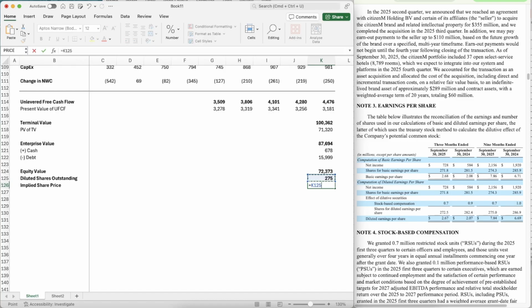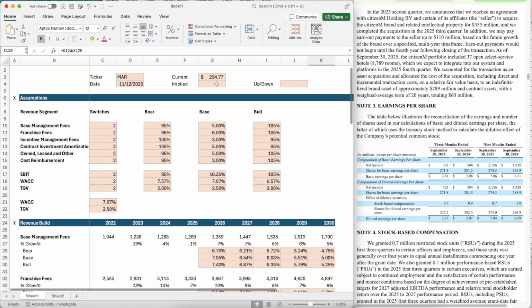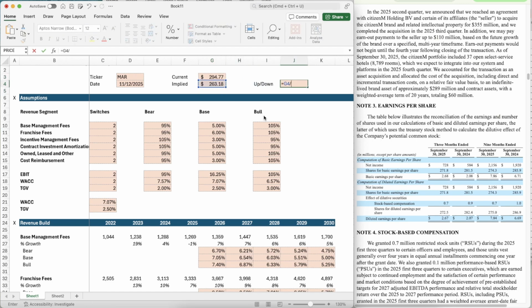The implied share price is just your equity value divided by your diluted shares outstanding. And there we have it, 263. So K26. 126, sorry. Work out the up or downside. So yeah, maybe an 11% downside.